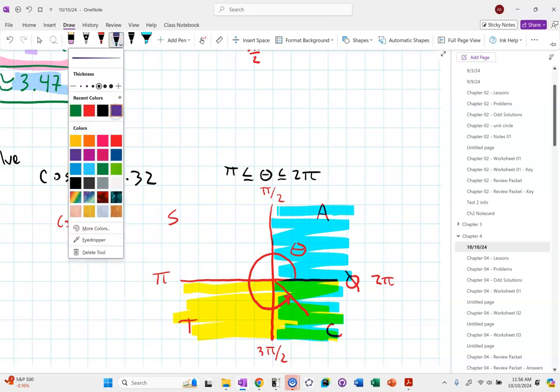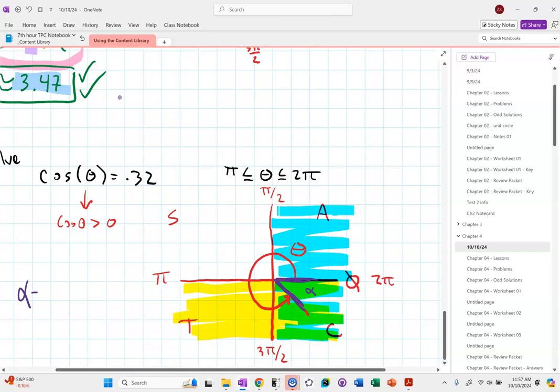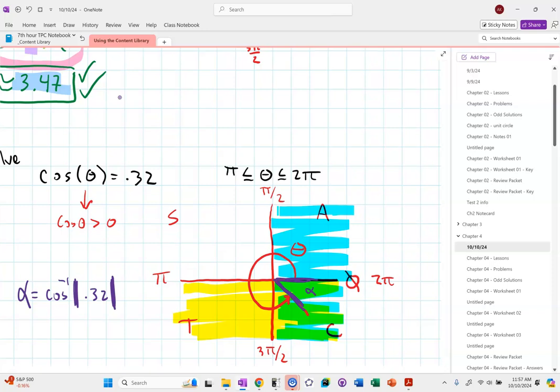Let me draw in my alpha. So alpha is going to be cosine inverse of the absolute value of 0.32.